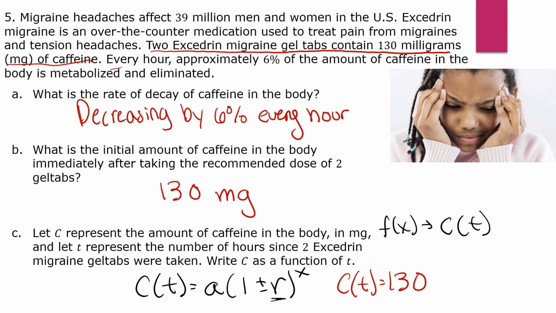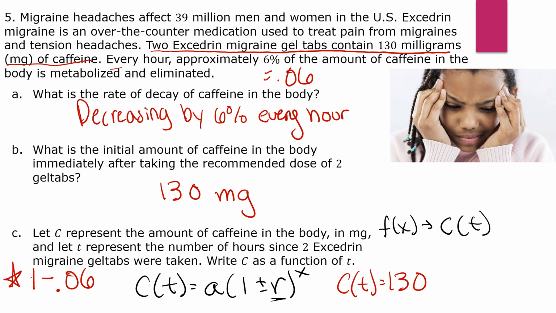And then for the inside of your parentheses, for your common ratio, we are decreasing by 6% every hour. So to find what's going in my parentheses, I need to do 1. If we're decreasing, we're going to subtract. We want to do 1 minus the rate. Remember, we always change our percents to decimals. So 6% as a decimal would be 0.06. So we're going to do 1 minus 0.06.